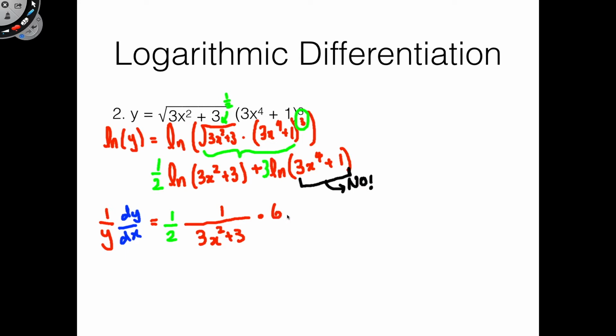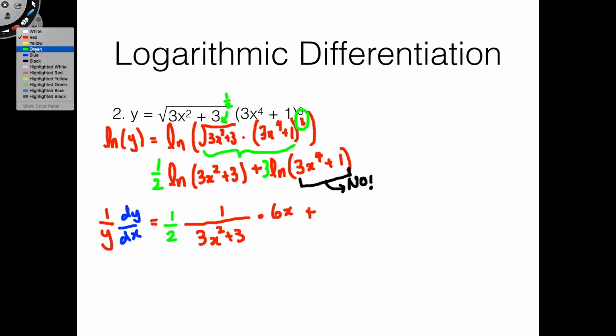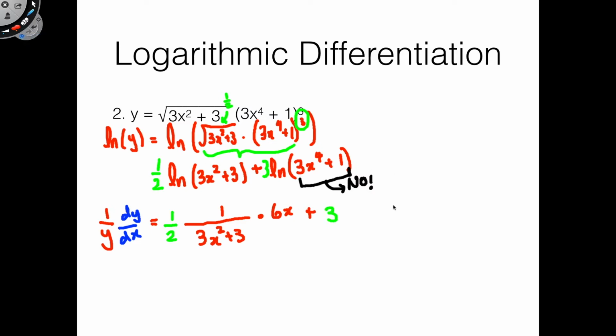So you'd have a 6x over there, right? Plus, again, we've got a 3 out here. So this would be times 1 over 3x to the 4th plus 1 times the derivative of the inner function, which again, you'd have to use the chain rule. So the derivative of that would be times 12x to the 3rd. All right. So that's basically what we've got here.